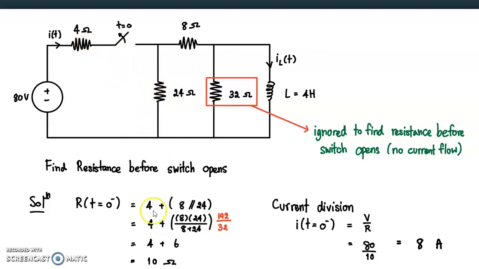So we use the formula again, and then we obtain R equal to 10 ohm. Then we use another formula to find the i, which in this case is i equal to V over R. We already know V as 80 volts, and R we just obtained, that is 10 ohm. Then we get the current flow when t is less than 0, that is 8 amp.